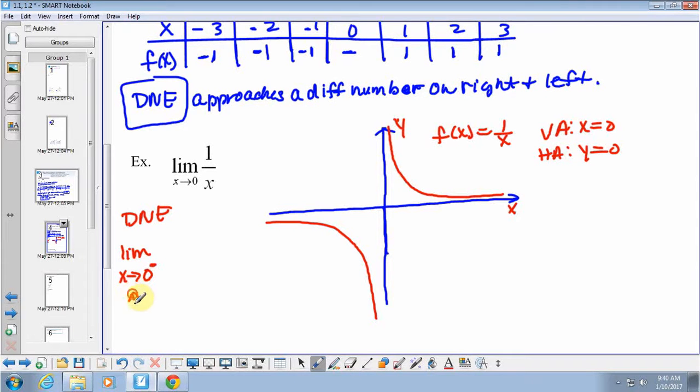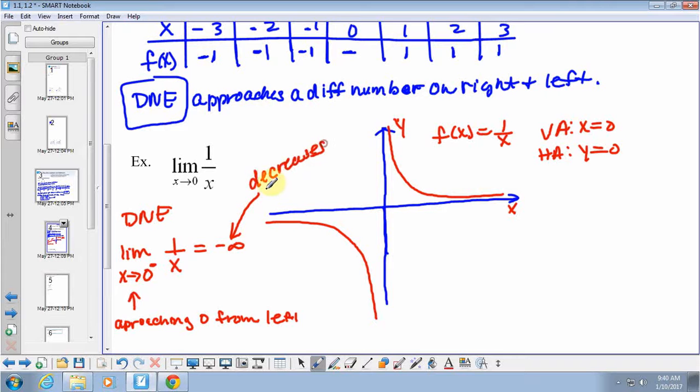This is that you are approaching 0 from the left. So the limit of 1 over x as x approaches 0 from the left, you're coming in. So this line is going toward what? Negative infinity. And what this means is that it decreases without bound.